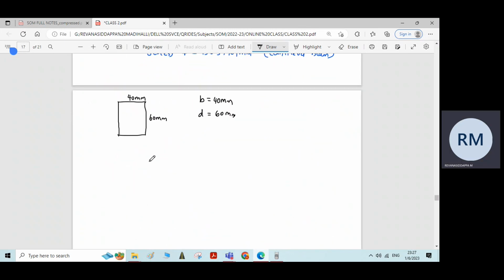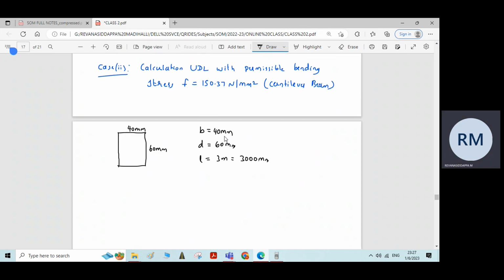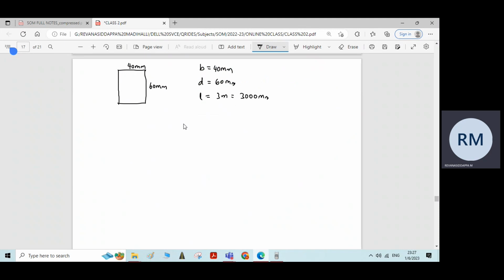Length is also different. L is equal to 3 meter, which is 3000 millimeter. And F value is 150.37 Newton per mm square.